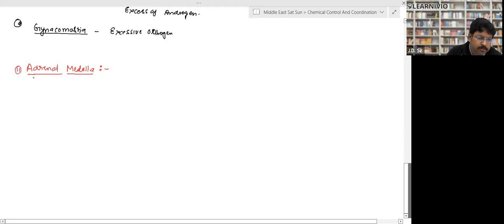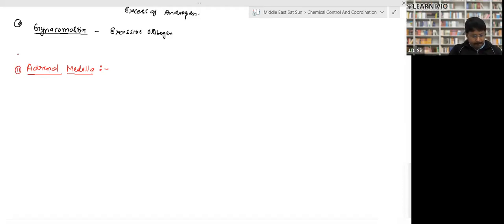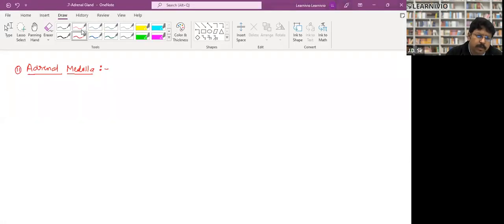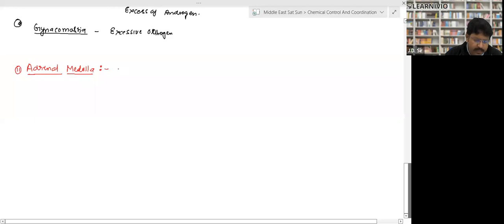That is the second part. Adrenal medulla secretes two hormones. Write it down this way.